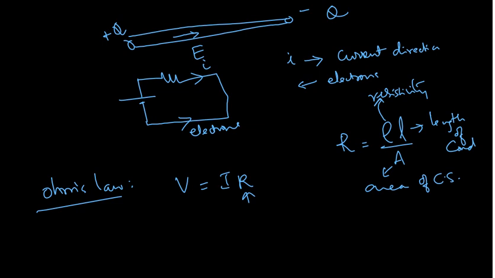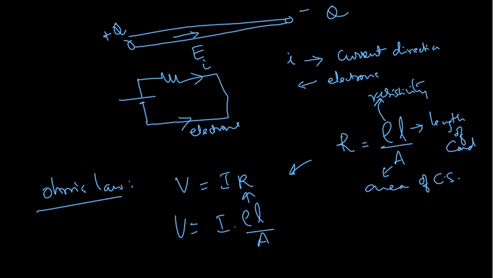If we consider that V is equal to IR, we substitute this rho L by A into it. So you get V is equal to I into rho L divided by A. Understood, right?